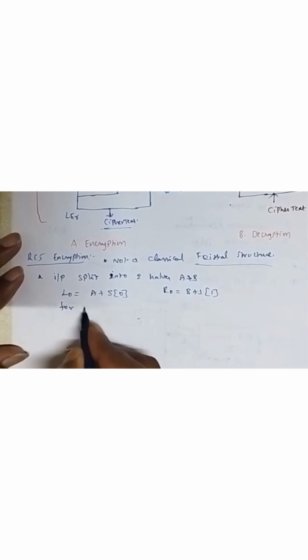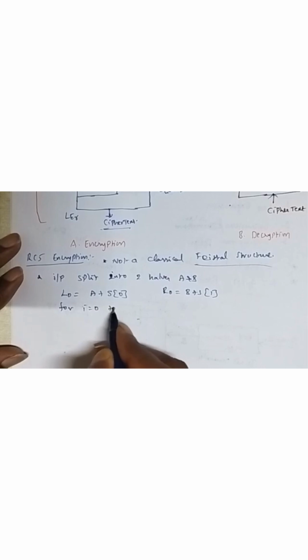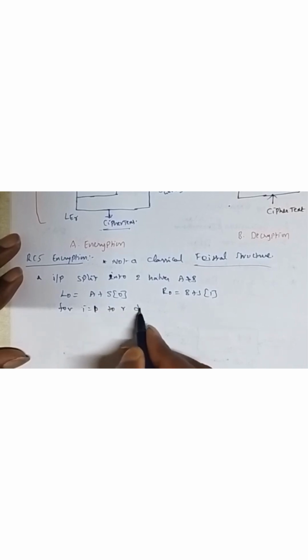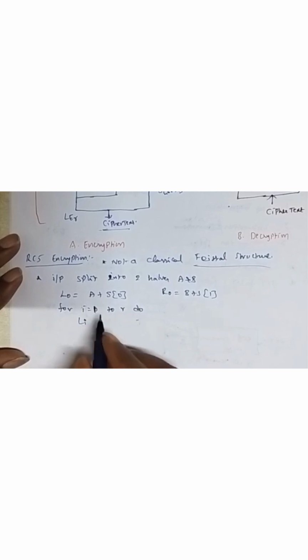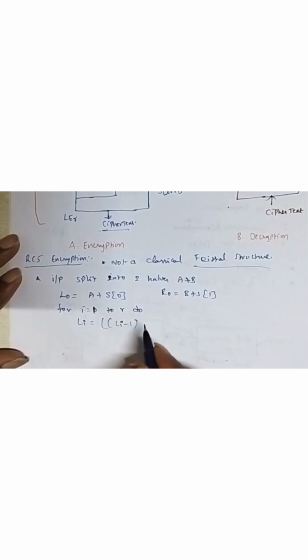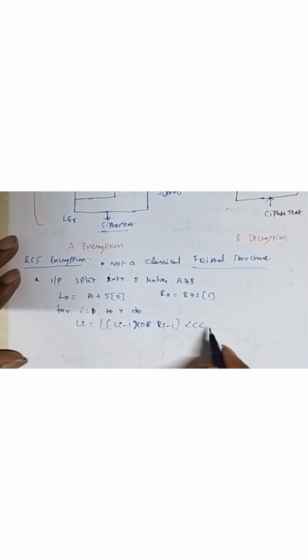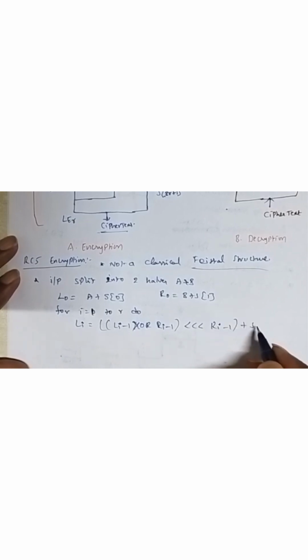For i equals 1 to r, we have to perform Li = ((L(i-1) XOR R(i-1)) <<< R(i-1)) + S[2i]. And what about the right side?